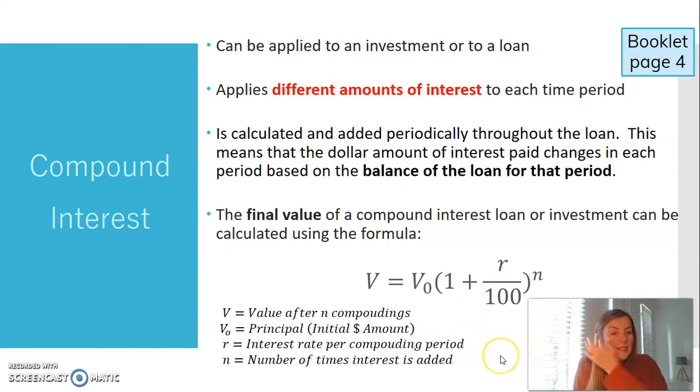So these variables are the same as what we had in the simple interest section, except that this one formula kind of takes care of everything. So remember, sub your values into this, and the result will give you the total value of the loan or investment after time N.